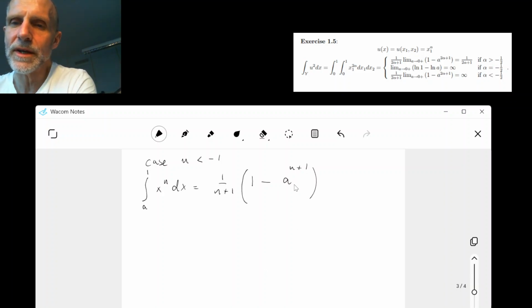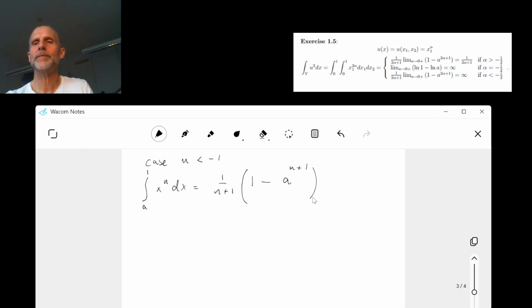But note that now n is less than minus 1, so this exponent is a negative number.